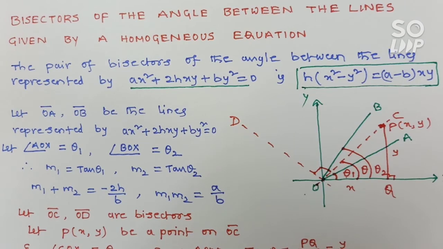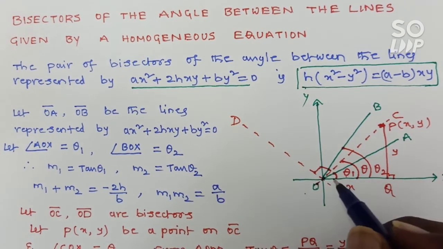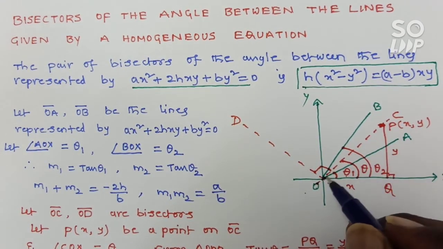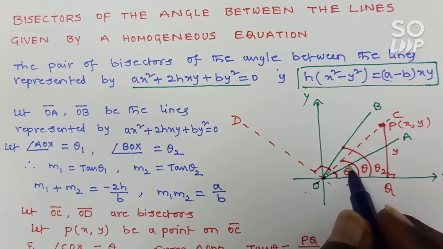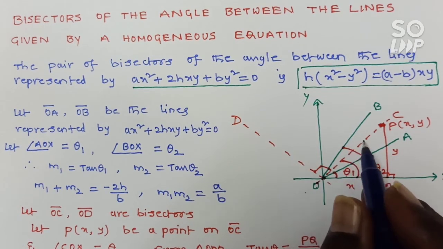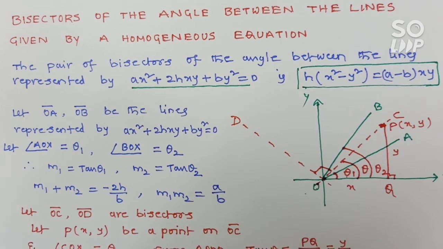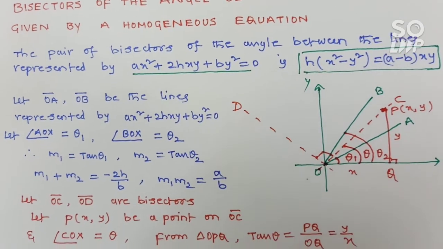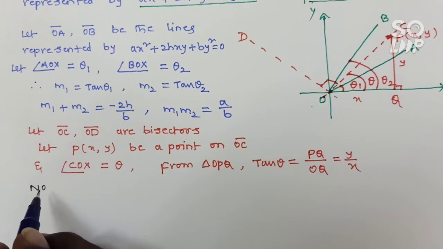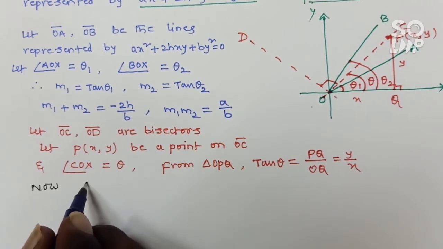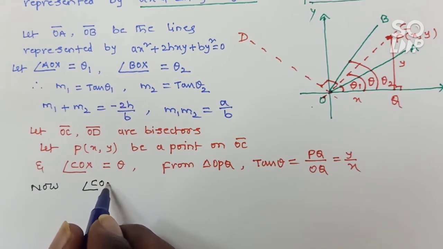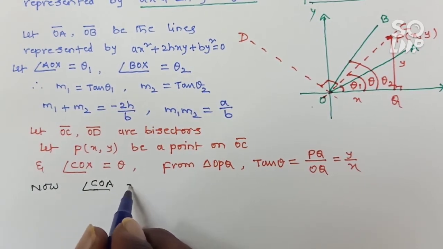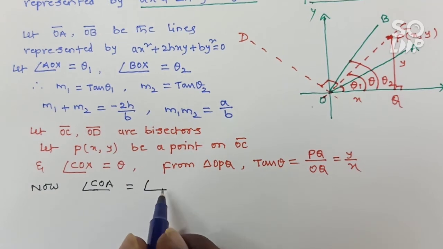And next, when OC is the angular bisector of OA and OB, it means the angle between OA and OC will be equal to the angle between OB and OC. Now here you can write that angle COA is equal to angle BOC.